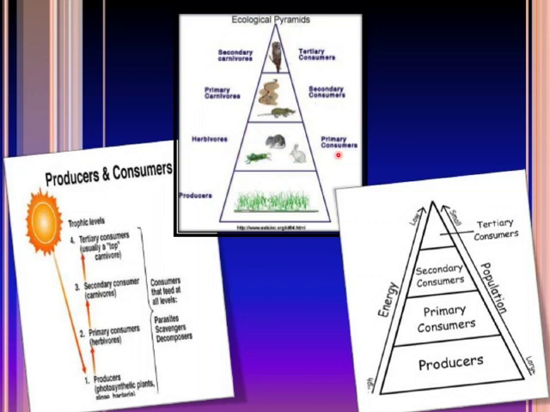Herbivores are primary consumers, these are primary carnivores, these are secondary consumers, and this is a secondary carnivore, and this is a tertiary consumer. In this picture, we have producers, primary consumers, secondary consumers, and tertiary consumers. So T1, T2, T3, and T4. So this is a four-level food chain.